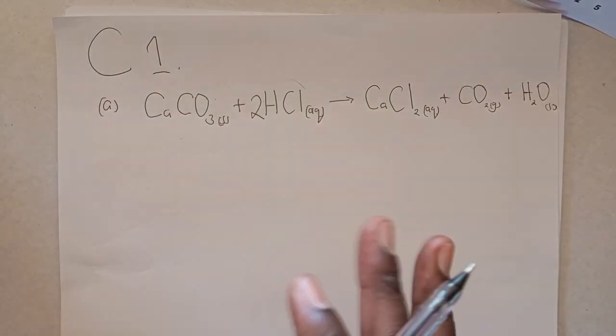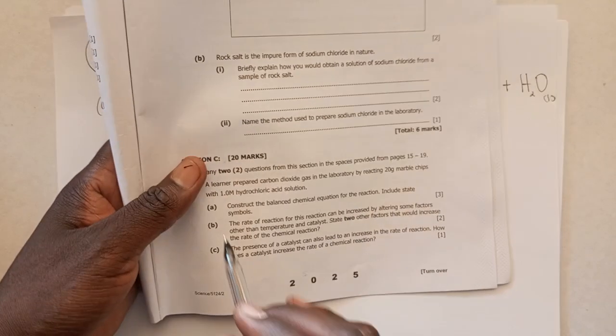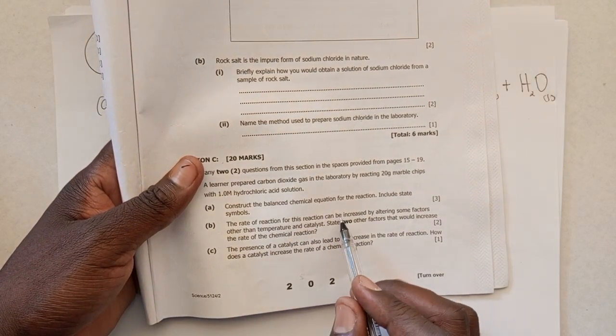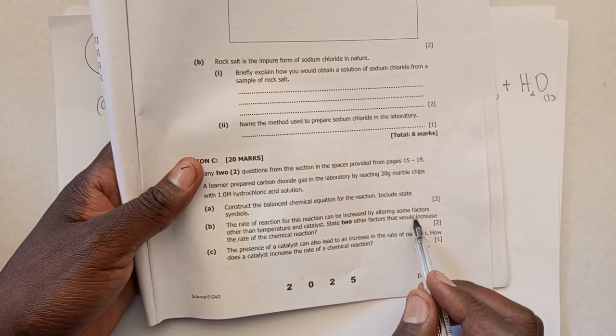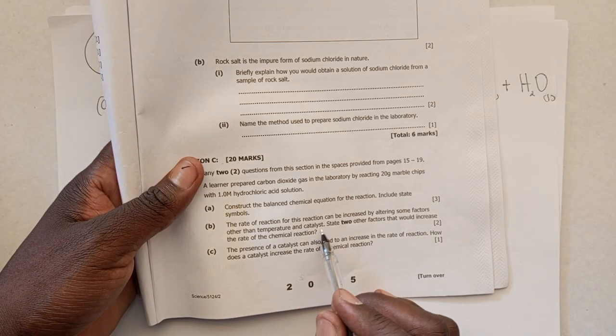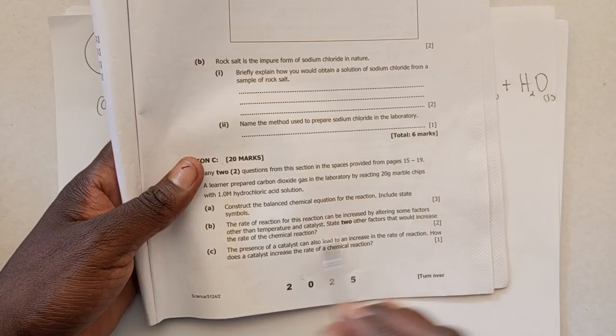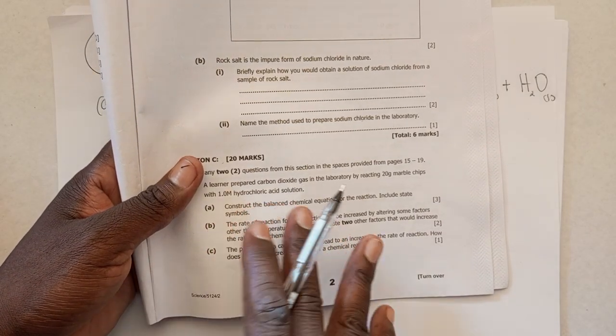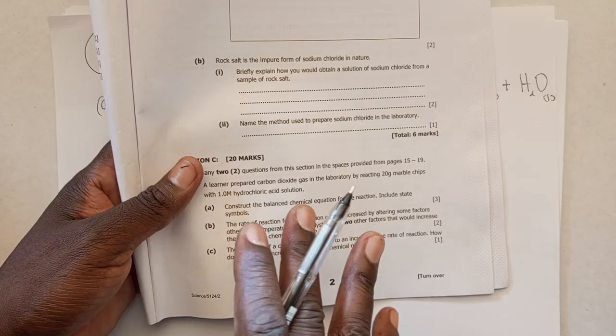So now how do you answer? Because the question is saying the rate of this chemical reaction can be increased by altering some factors other than temperature. State two factors that would increase the rate of the chemical reaction. So the way you are going to state concentration and particle size will matter.